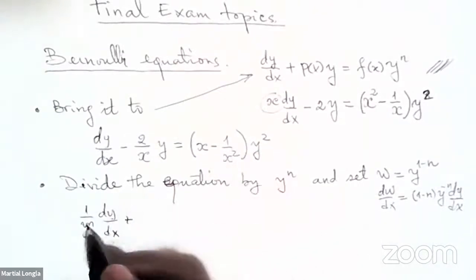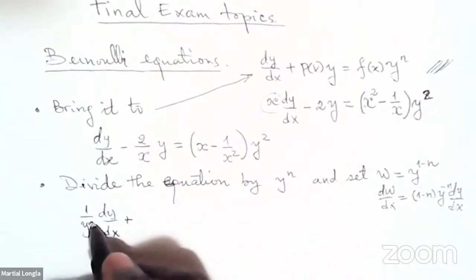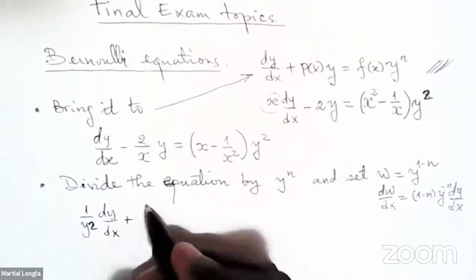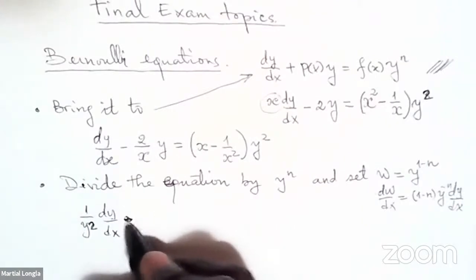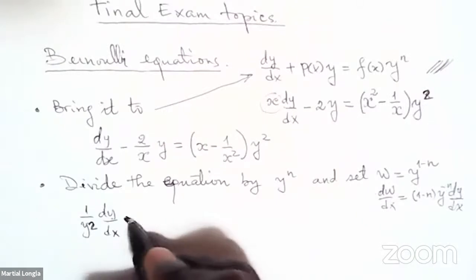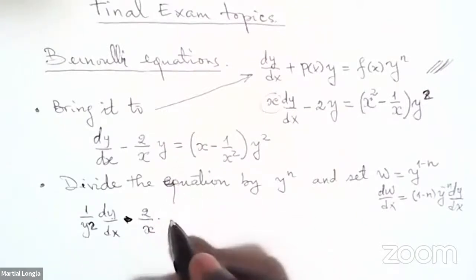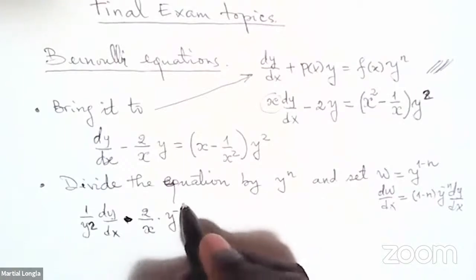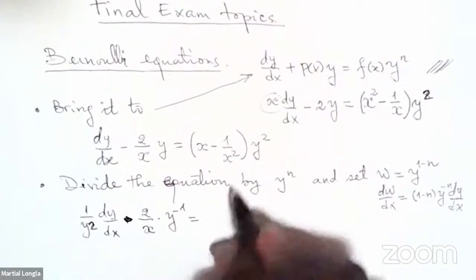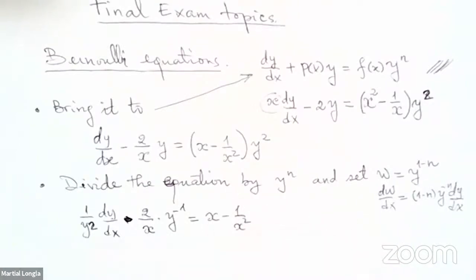In this problem, it's going to be (1/y^2) dy/dx - (2/x) y^(1-2) ... equals (x^2 - 1)/x^2.